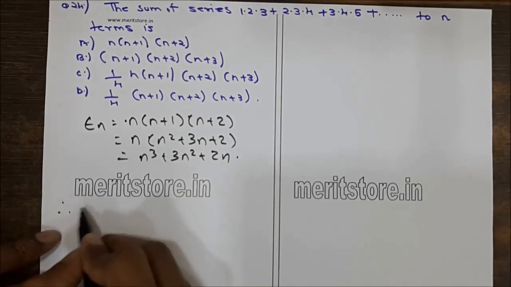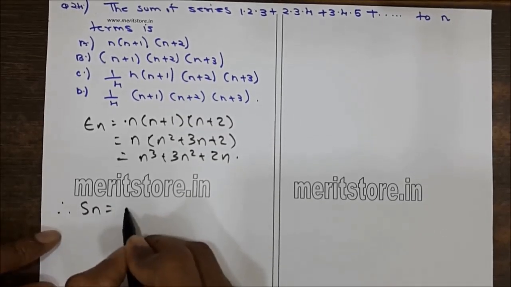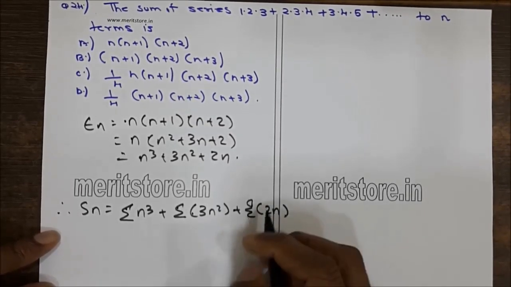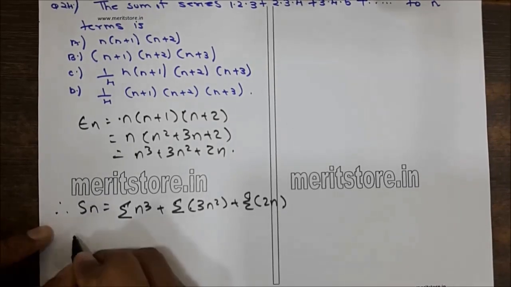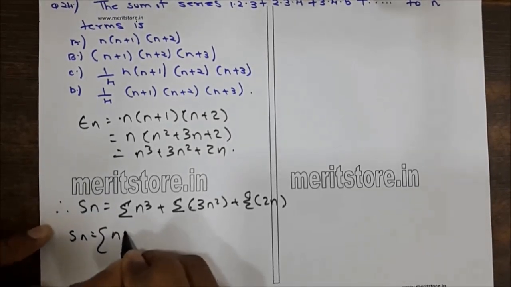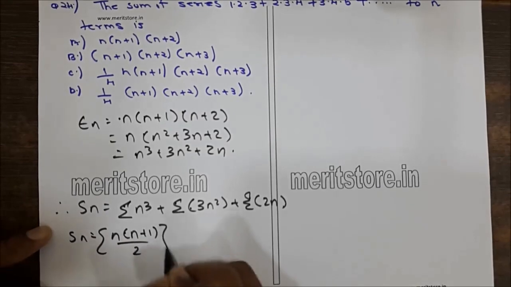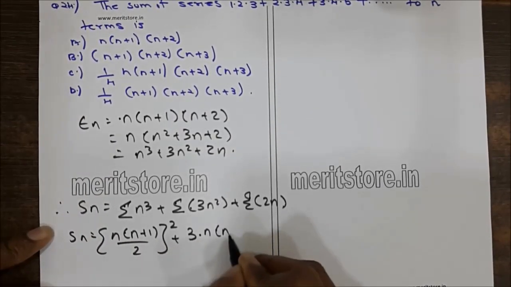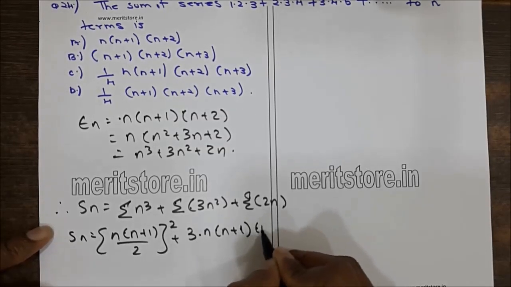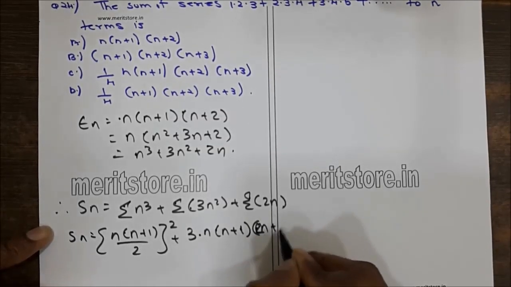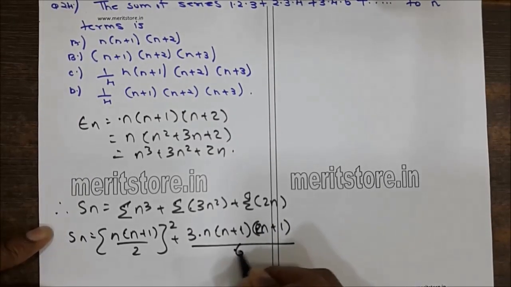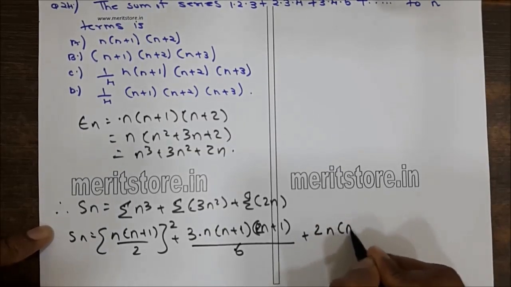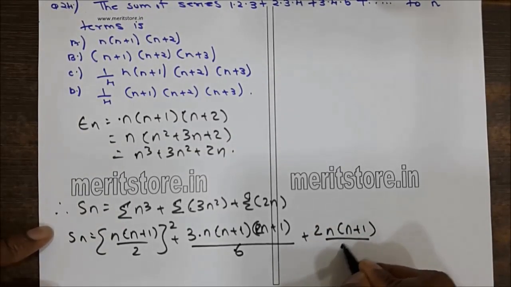The sum Sn can be written as summation of n cube plus 3 summation of n square plus 2 summation of n, which can be written as n into n plus 1 upon 2 the whole square plus 3 of n into n plus 1 into 2n plus 1 upon 6 plus 2 into n into n plus 1 upon 2.